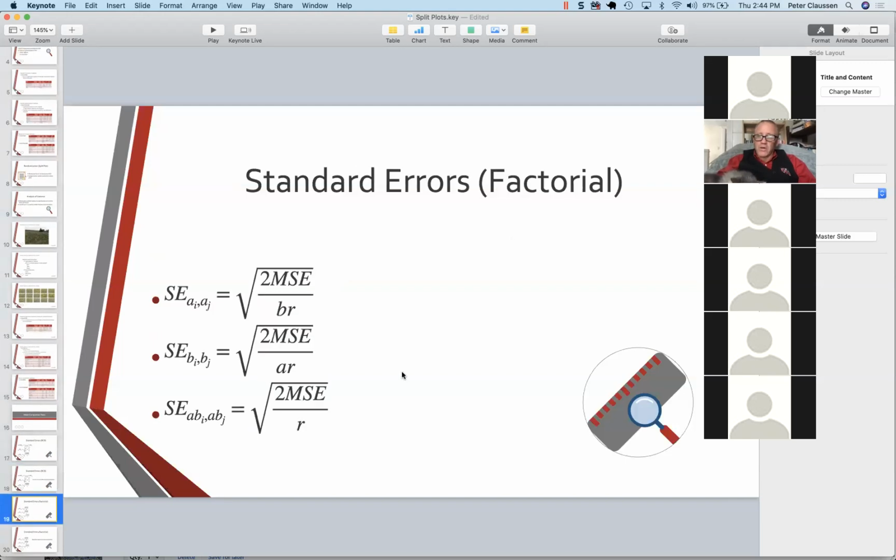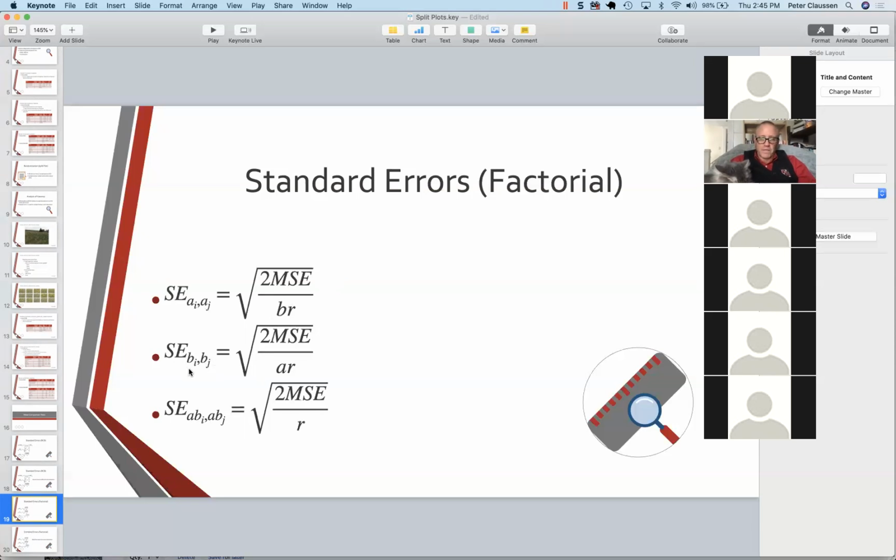Now, when we get to factorial, if we are going to make comparisons at the whole factor level, so the factor A main effect level, we are going to have more observations of that, because that treatment was done in combination with several other things and divided up among several other things. There are B numbers of those other things, so we divide our residual error by a larger value.